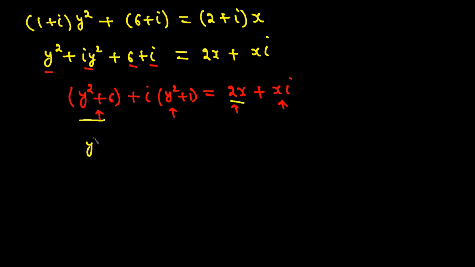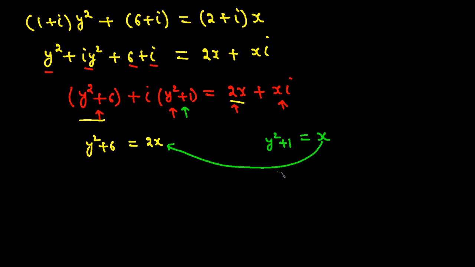So y square plus 6 is going to be equal to 2x, and this is a imaginary part, so y square plus 1, and this x is our imaginary part, is equal to x. So let's plug in this x over here. You know, these look like two equations which we can solve to find the value of y and x.